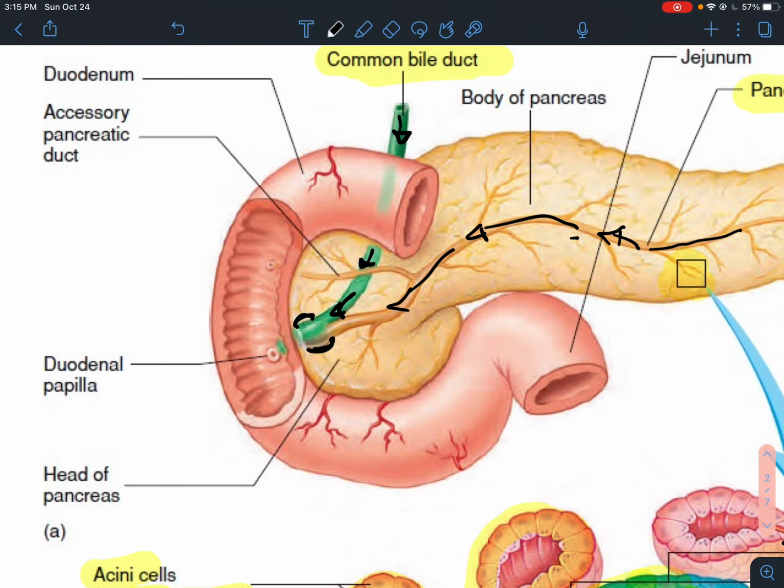And finally, and we've seen this already, you've got that major duodenal papilla, which is where the mixture of bile and pancreatic juice can squeeze out into that C-shaped duodenum.